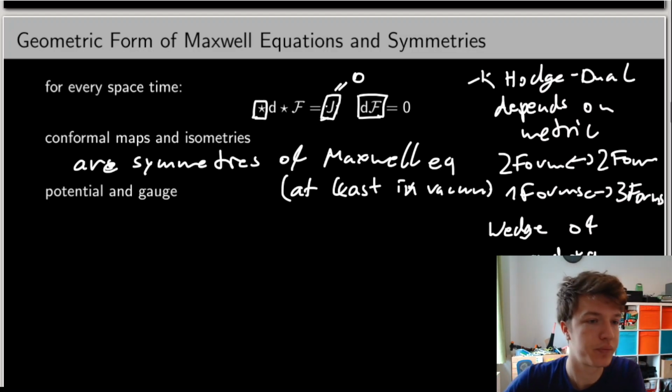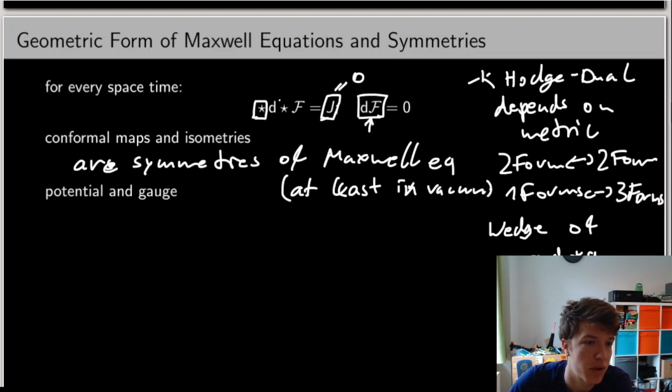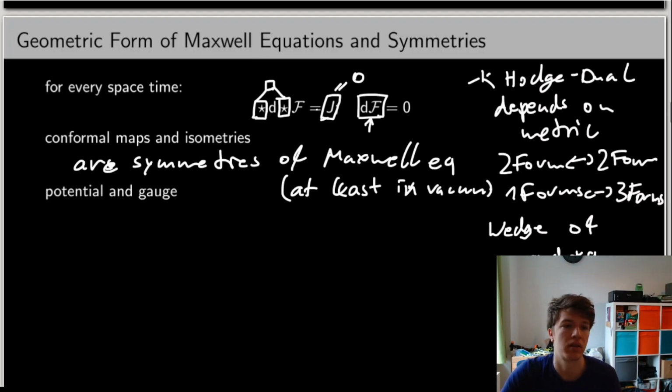So in this case for isometries and conformal maps nothing changes, and here with 2 times the star those conformal changes will cancel out, and for isometries the metric doesn't change, so it also changes nothing there.